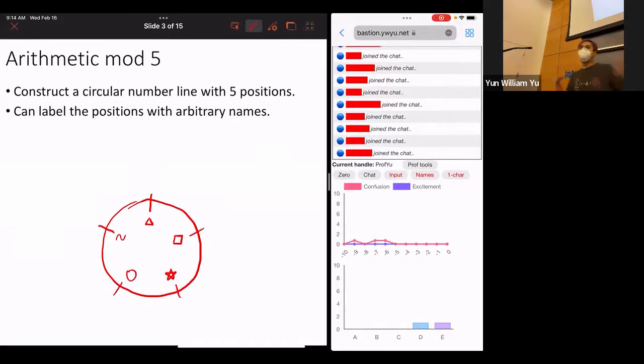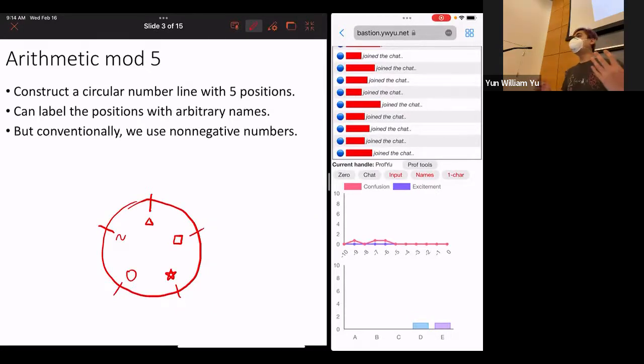One thing you should keep in mind is we are going to use ordinary labels because we're all used to the numbers 0, 1, 2, 3, and 4. But you can use whatever labels you want, and the label isn't the object. So what we're referring to are these points around the circle, and we can label them whatever we want, including 0, 1, 2, 3, 4. But I drew out these symbols just to really drive home the point that these aren't what you normally think of as counting numbers.